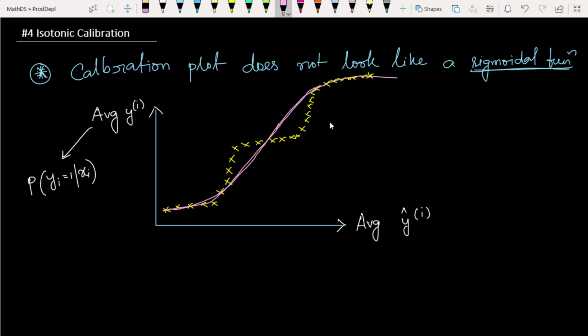So this plot is called the Platt calibration. We saw it in detail in the previous video. This YOLO one is the actual empirical plot.